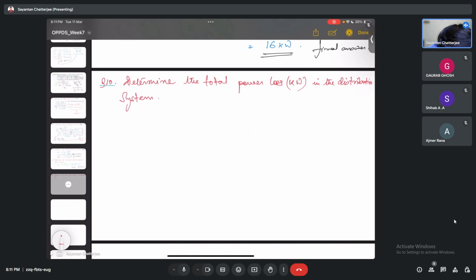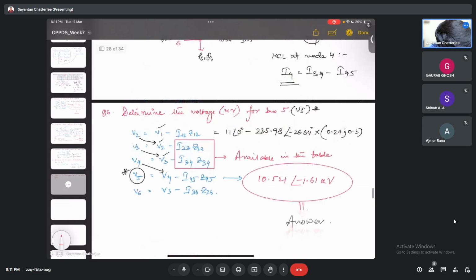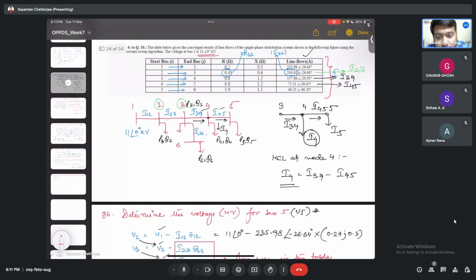So what will the total power loss be? Total power loss. So here we are required to find out the total power loss.